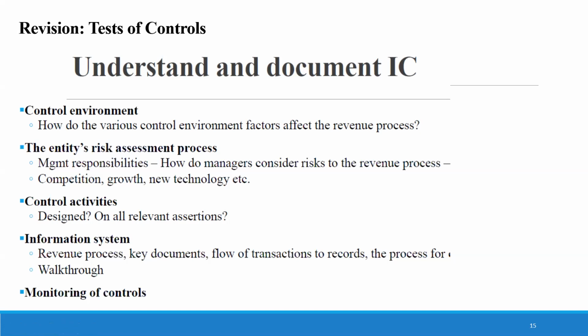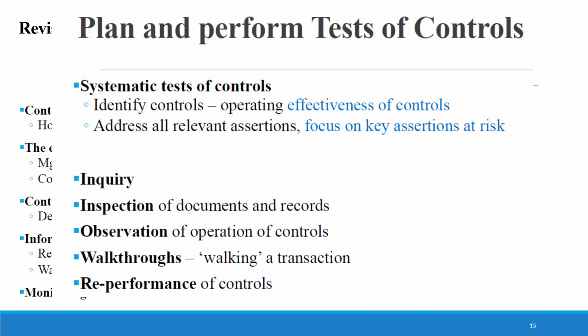Okay, so by understanding and documenting internal controls, we get the assessed control risk. We also look at the systematic test of controls, which will be focused on the control effectiveness and also on those key assertions for control risk.